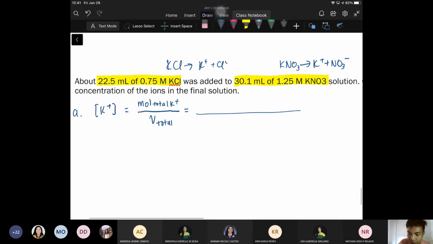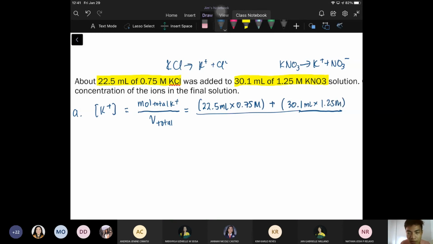So that will be 22.5 ml times 0.75 molar. So that will give us millimole of K+ from KCl. And then, ito naman, 30.1 ml times 1.25 molar.